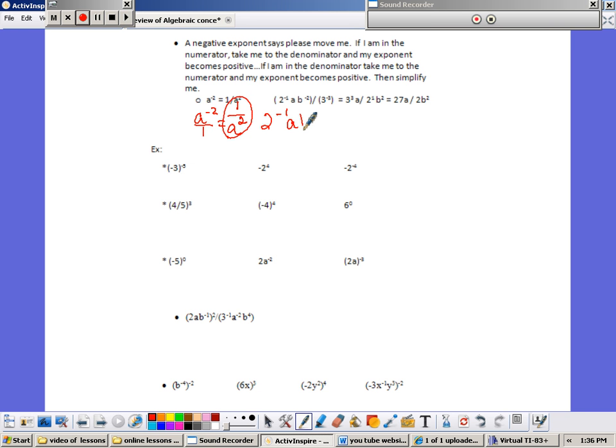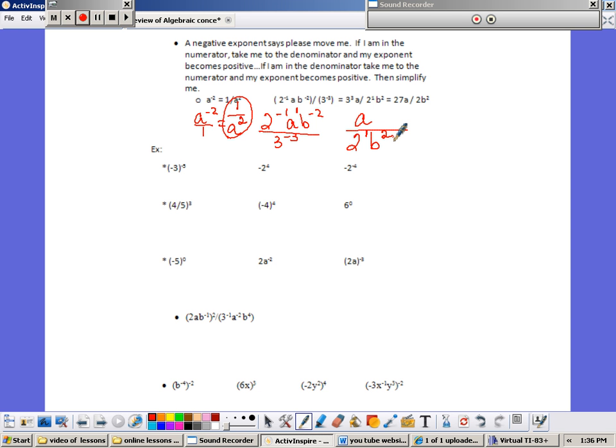Here's the next problem. And I'm going to set this over top of each other. Okay, 2 to the -1 says I'm in the wrong position, please move me. My exponent becomes positive, so it goes to the denominator. A does not have a negative exponent. In fact, even though you can't see one, it has a positive 1, so A stays. B to the negative 2 says, I'm in the wrong position, please move me.